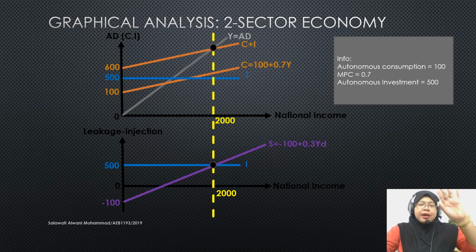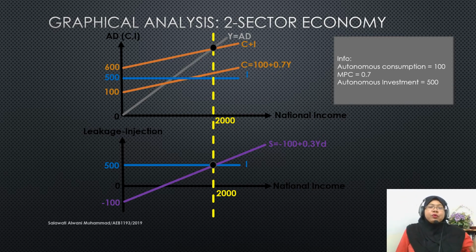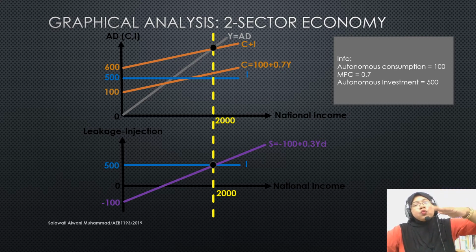The upper diagram shows the AD-AS approach, while the bottom diagram shows the leakage-injection approach. Looking at the AD-AS approach first, the upper diagram, we have a linear line for C equal to 100 plus 0.7Y. Remember from the C function, autonomous consumption is 100 plus 0.7, where 0.7 means MPC. The investment I is 500.